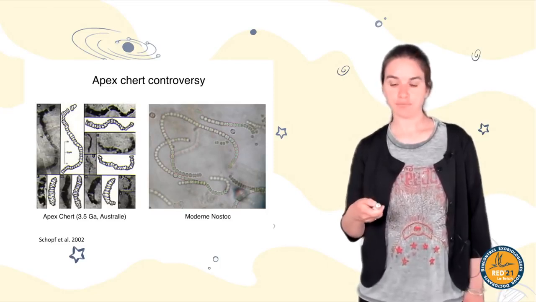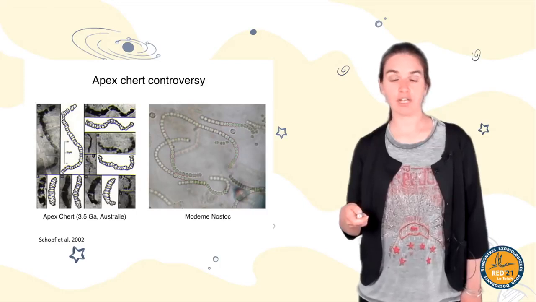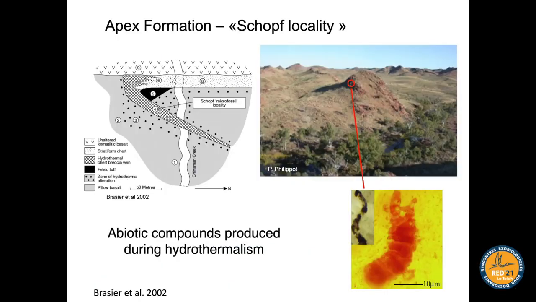At first it was interpreted as reflecting the presence of potentially cyanobacteria. You can see here on the microscope picture a modern cyanobacteria, and it looks similar.